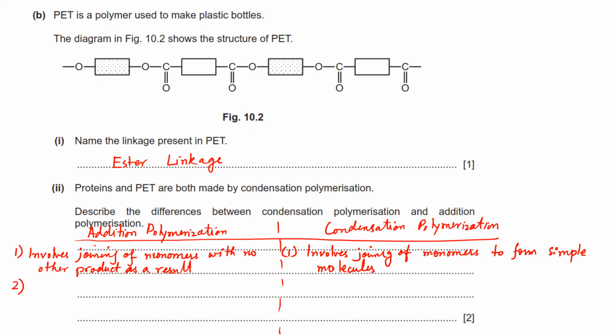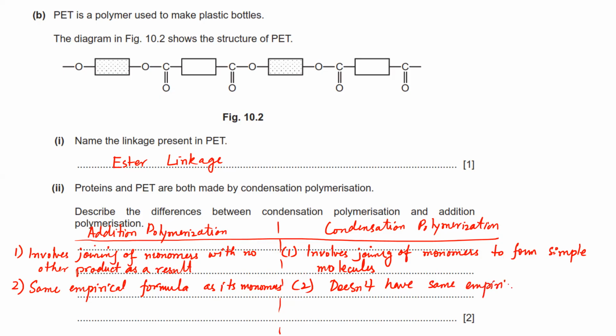So second, addition polymerization has the same empirical formula as its monomers. Condensation polymerization does not have the same empirical formula as its monomers. Okay.